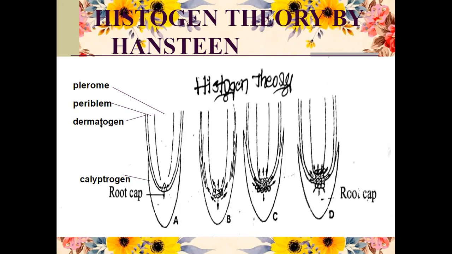And the upper histogen tissues develop into peribulum and plerome. Peribulum develops into the cortex of the root. Plerome develops into the stele of the root. These 2 types of histogen tissues are identified at the terminal parts of the gymnosperm root system.